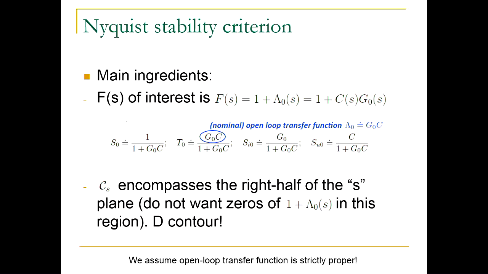So zeros of 1 plus lambda 0 are the poles of all the sensitivity transfer functions. All right, so these are the main ingredients. We will assume in all of this that the open loop transfer function is strictly proper. So in other words, for lambda 0 here, we have strictly more poles than zeros. I will assume that just so that we can state things more easily.